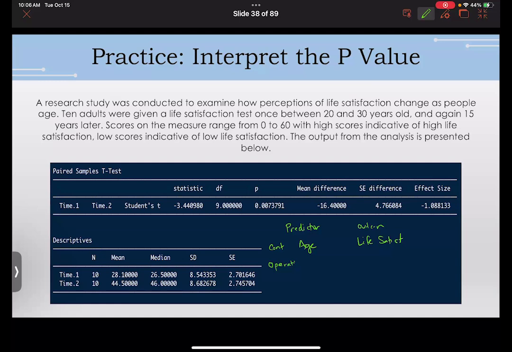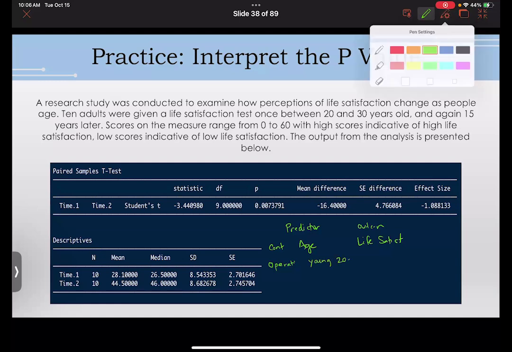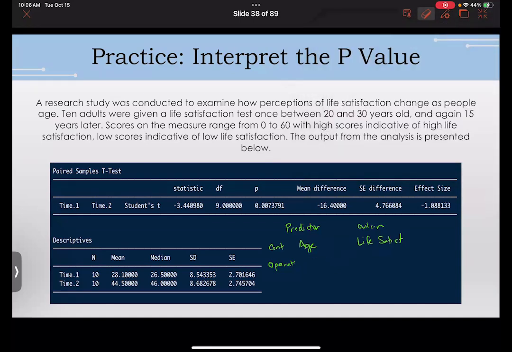Young, let's say, is 20 to 30, or if we don't want to give it a name, we don't have to. So the operationalization is 20 to 30, or what's the other one? 15 years later, right? So I guess we'd say 35 to 45.